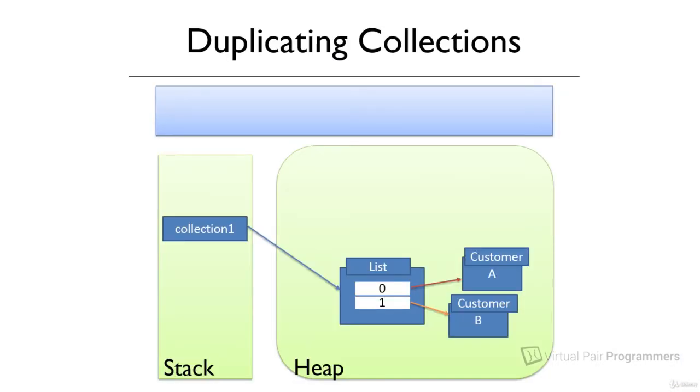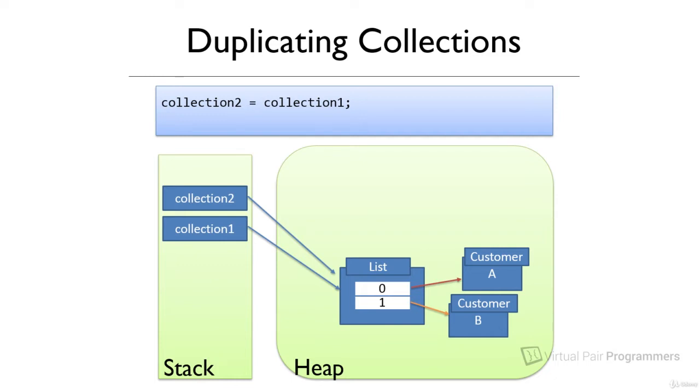If we have a collection, and on screen on this caption, I've got a list which is referenced by a variable called collection1. If we set another variable equal to that collection, so we're just saying collection2 equals collection1, then all that happens, as we know, is the second variable, collection2, points to the same object on the heap as the first collection.